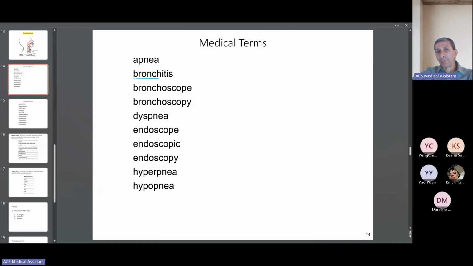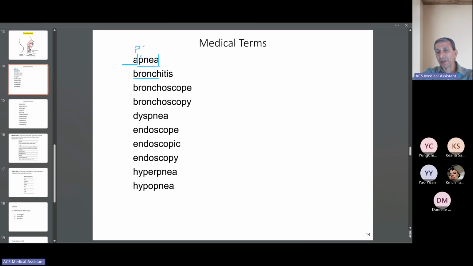So let's put together these medical terms now and try to make sense of them. It says right here, oh my goodness, this one, apnea. So if you remember that we can use the prefix an, here we're going to use a. A is a prefix. Nia is the word root and the suffix.